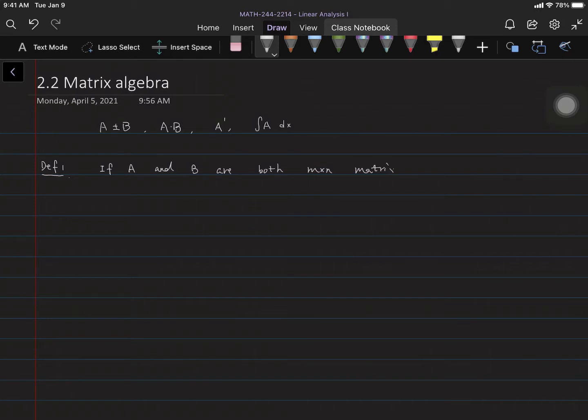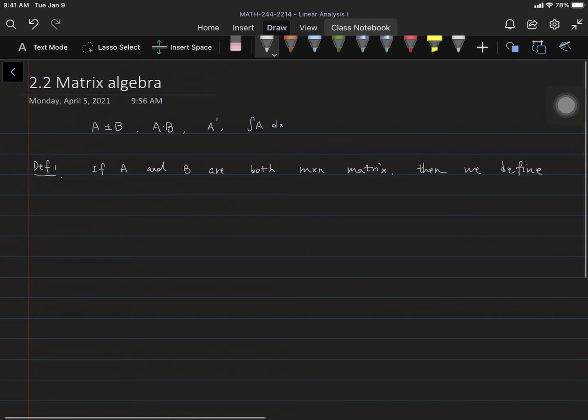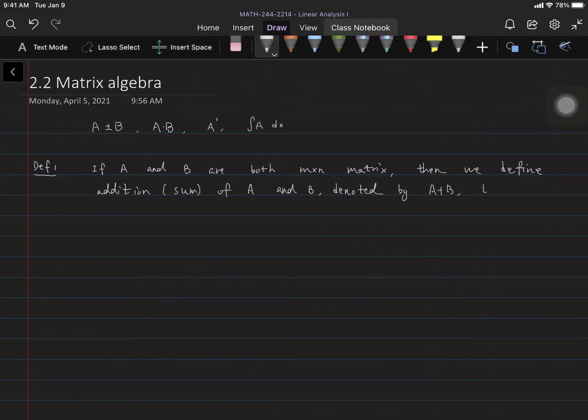They have to have the same size, and if we want to add them, then we define the addition or sum of A and B to be this one, and denoted by A plus B, to be the same size n by n matrix.